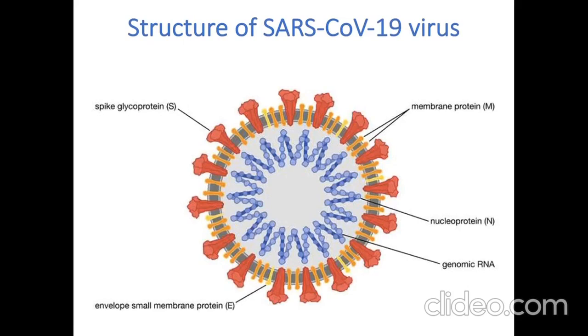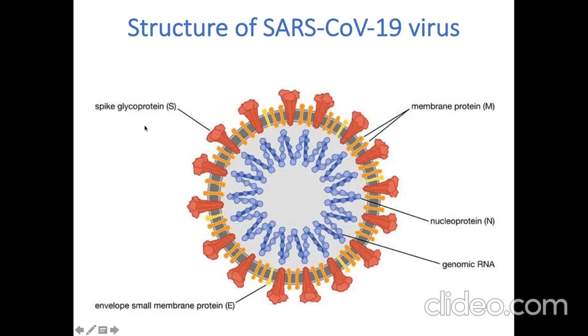Structure of the SARS-CoV-2 virus: it's an enveloped virus, circular in shape, and the membrane is composed of the lipid bilayer. Within the membrane, there are different types of proteins.